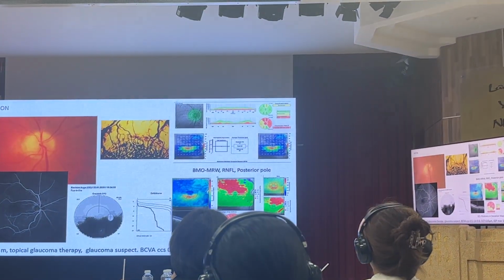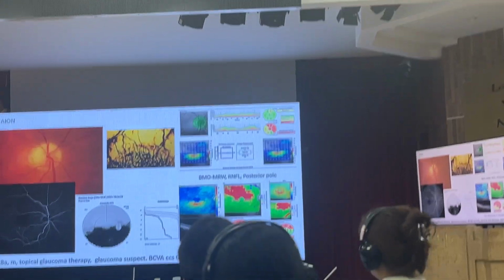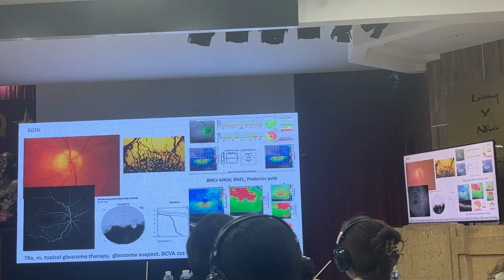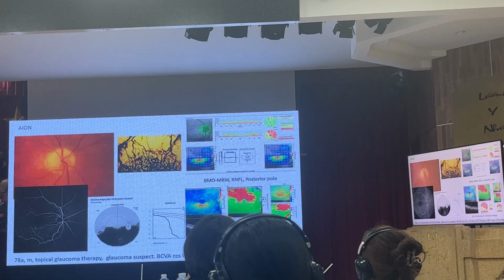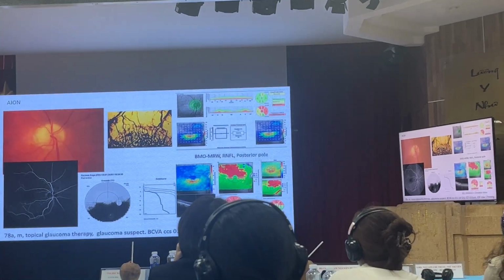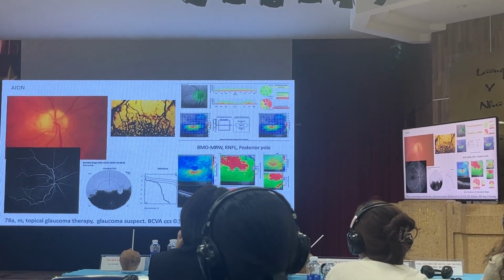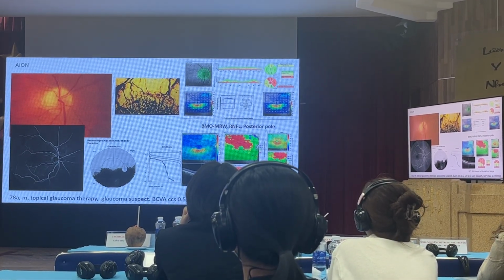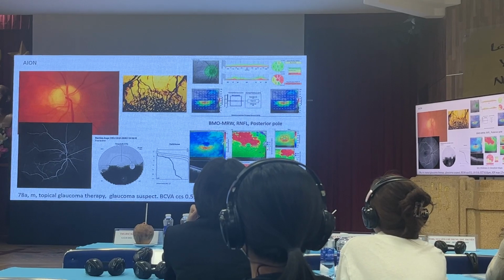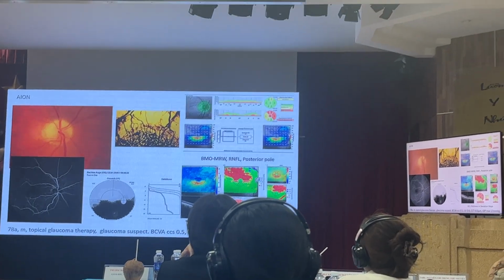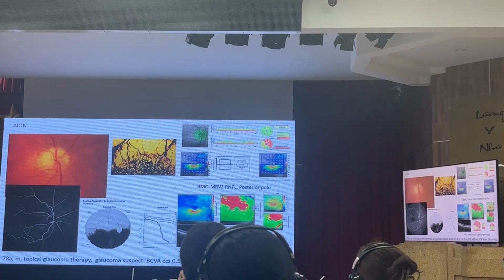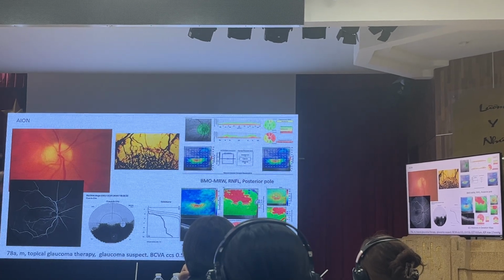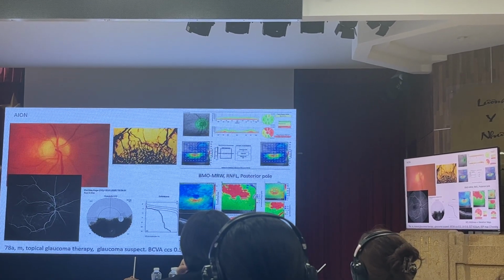This patient, by the way, was referred to us for glaucoma therapy, for intensified glaucoma therapy, because it was thought that it is a glaucoma patient. But just by the feature of the optic disc and the visual field pattern and the pattern of the ganglion cells, we were able to say no, it's not a glaucoma, but it is a past anterior ischemic optic neuropathy the patient never has realized. Some patients don't feel that they lose sight of one eye.